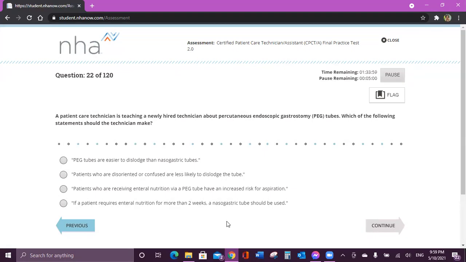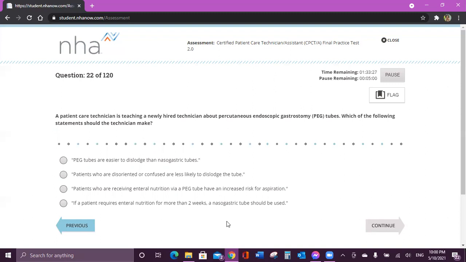A patient care technician is teaching a newly hired technician about precautions for a percutaneous endoscopic gastrostomy, PEG tube. Which of the following statements should the technician make?